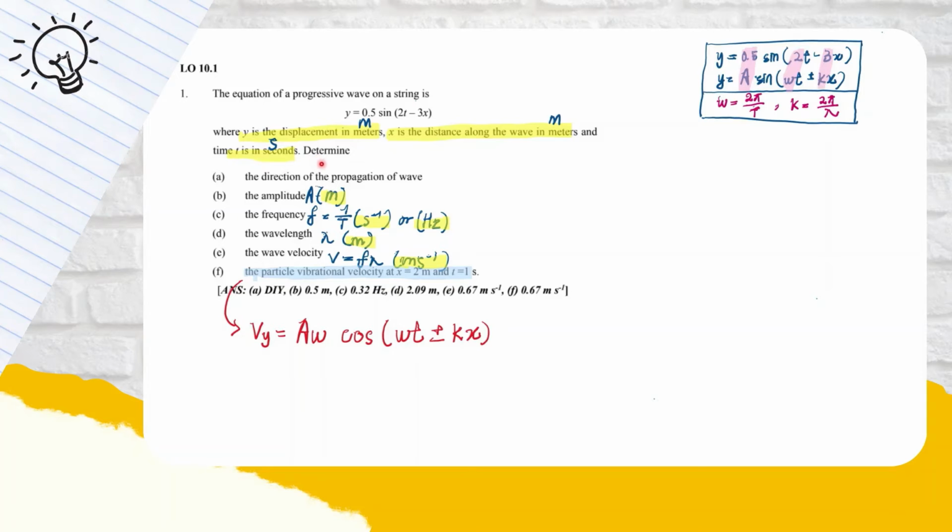So, now we have to determine the direction of the propagation of the wave. To determine the direction, we have to look at the sign. When the sign is negative, our direction is to the right. A, our direction is to the right.